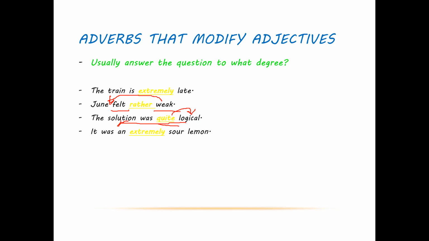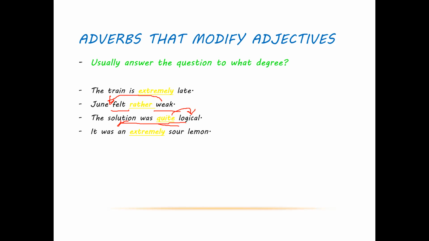See? So kaya yung degree ng statement, nagwi-weaken siya. So, the solution was quite logical. Hindi siya ganon ka-logical. Konti lang. Ganon, right? But if I say, the solution was highly logical, meaning, ay, napaka-logical pala ng solution. I think I would rather use the highly logical solution rather than the quite logical solution.